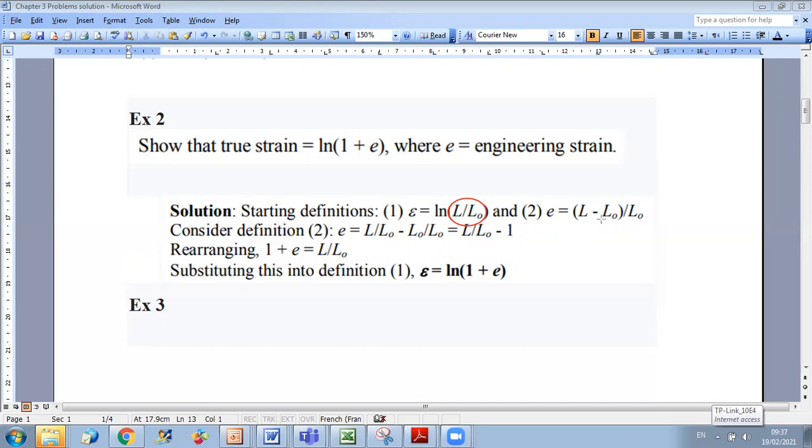So if we rearrange our terms, we can say that e, the engineering strain, is L over L0 minus 1. So if we take 1 to the other side, we get that 1 plus the engineering strain is equal to L over L0. So by simply replacing L over L0 by 1 plus the engineering strain, we get the relation between the true strain and the engineering strain, which is that the true strain is ln of 1 plus the engineering strain. Okay?